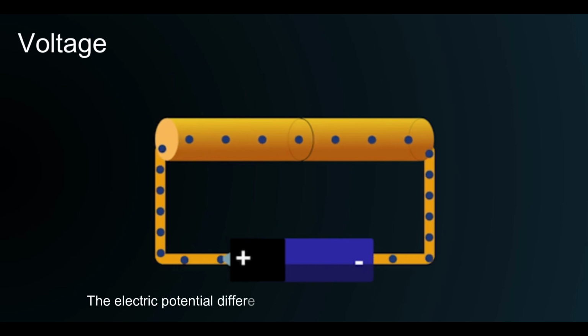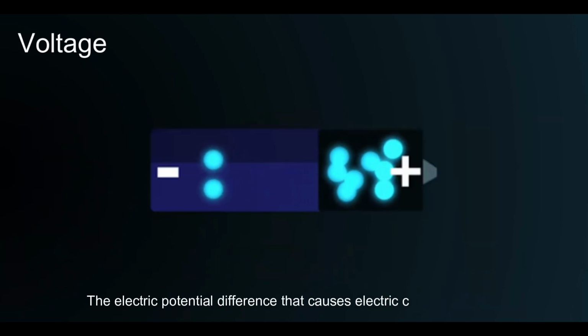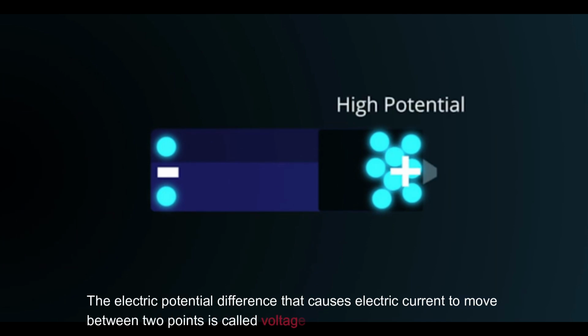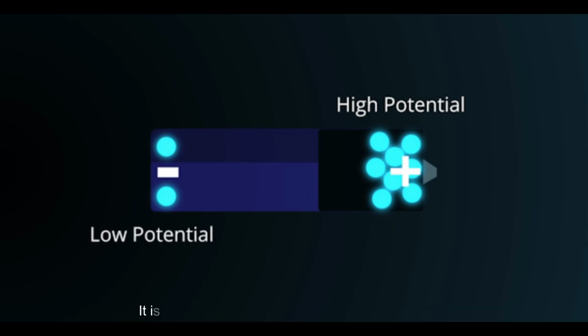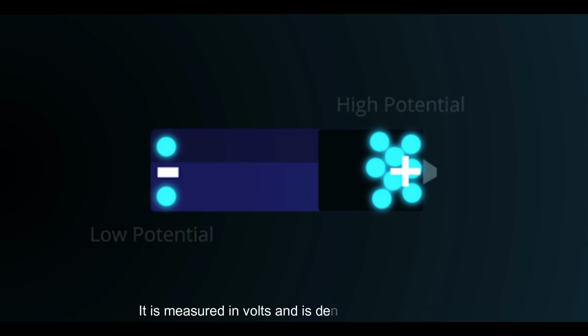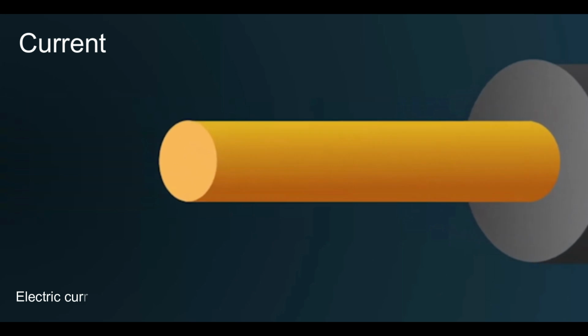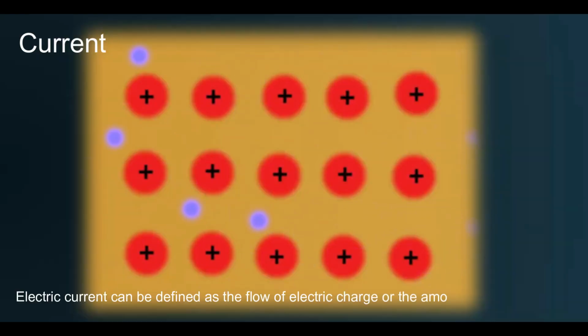The electric potential difference that causes electric current to move between 2 points is called voltage. It is measured in volts and is denoted by the letter V. Electric current can be defined as the flow of electric charge or the amount of flow of electric charge.